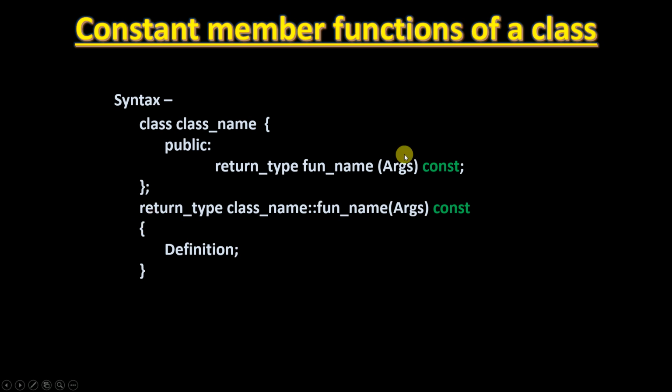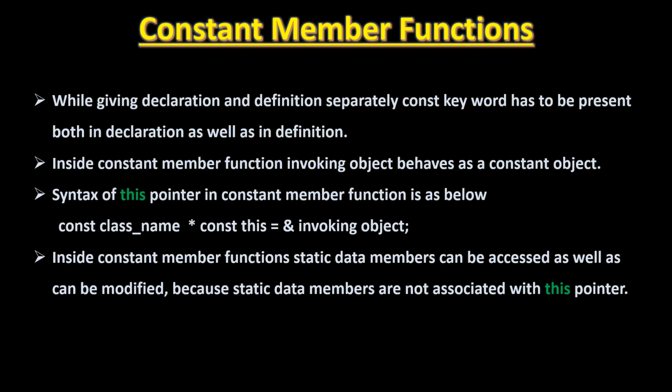But for constant member functions, you have to give const in both places. Now, just recap what we have observed from the syntax: while giving declaration and definition separately, the const keyword has to be present in both. Inside a constant member function, the invoking object behaves as a constant object.